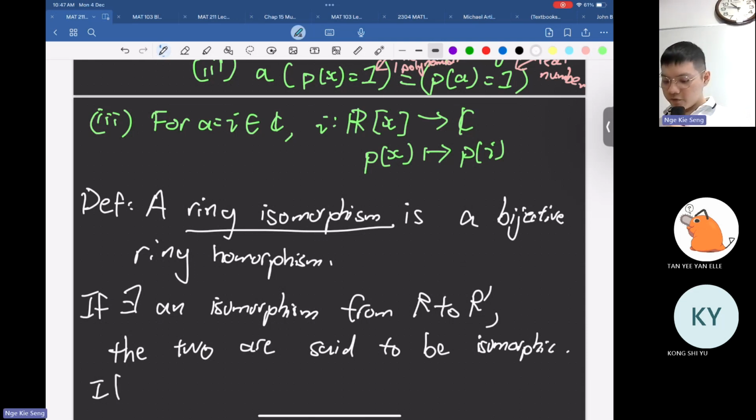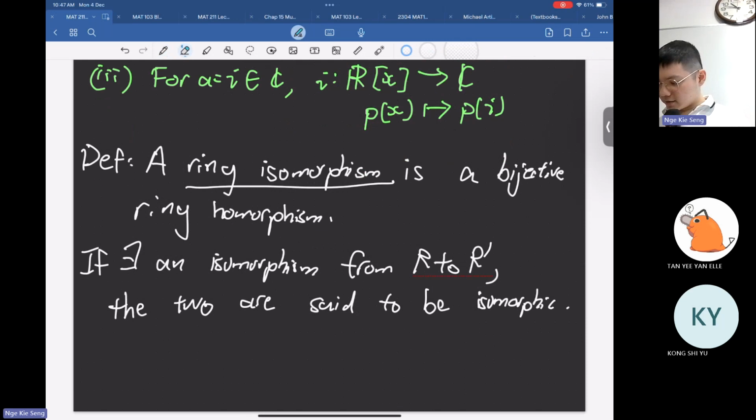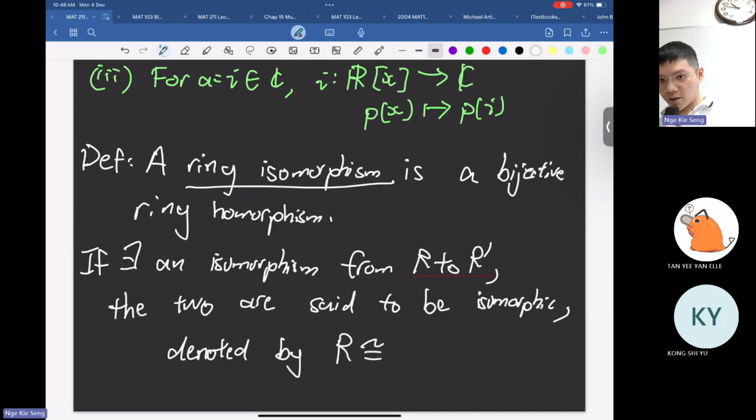If the two rings are isomorphic, we denote this by R isomorphic to R prime.